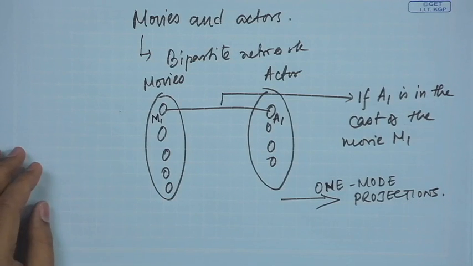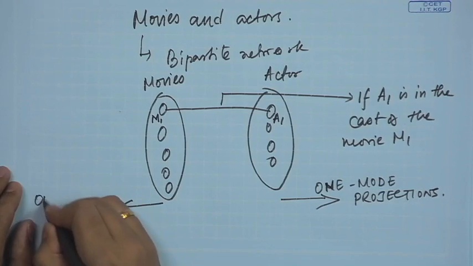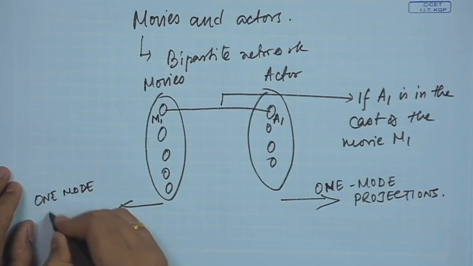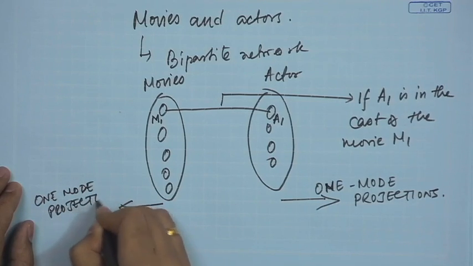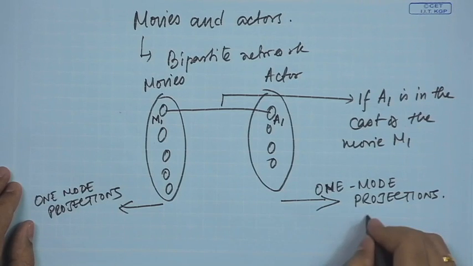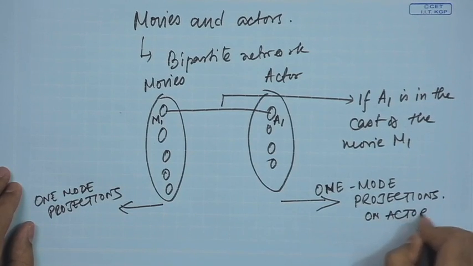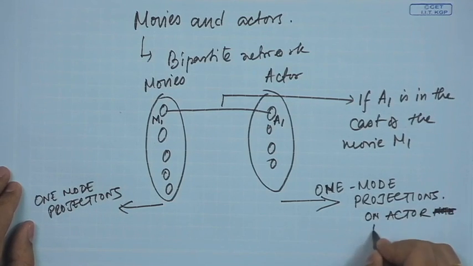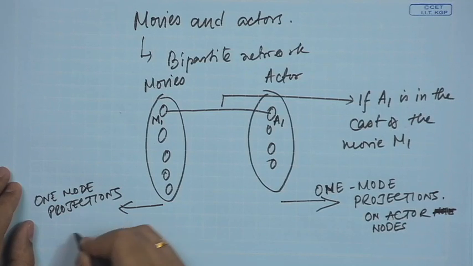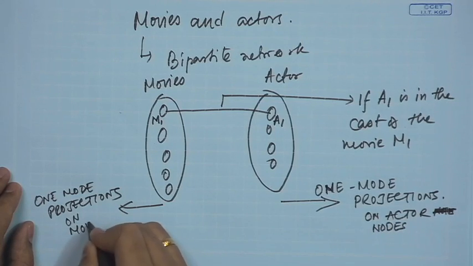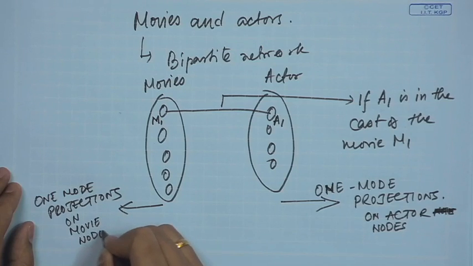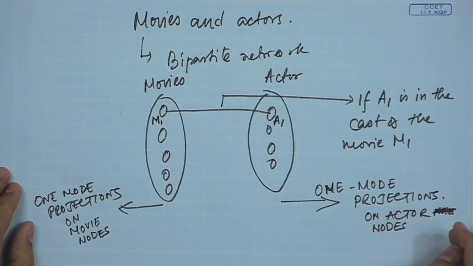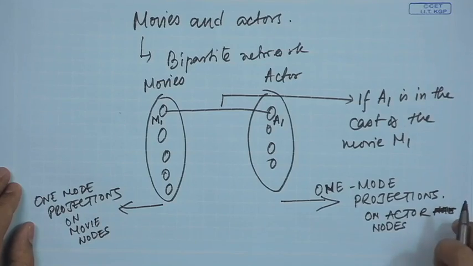These one mode projections can be done on actor nodes as well as on movie nodes. So, what do you do in drawing the one mode projection? Let us try to define that in the next part.